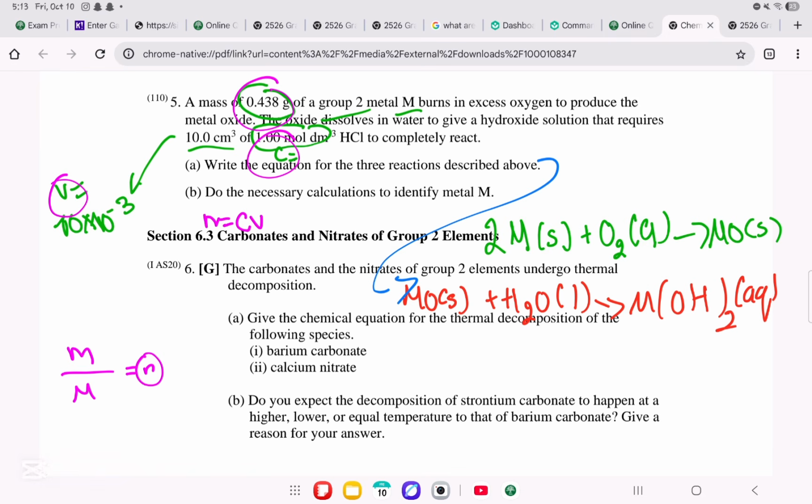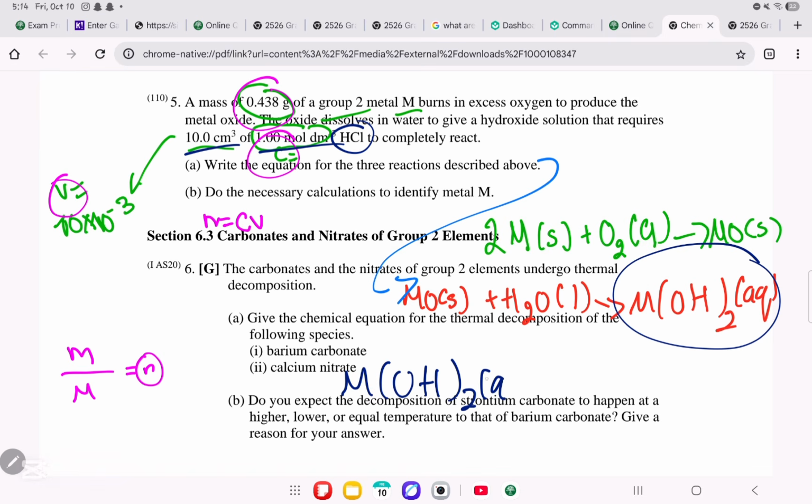Very simply. Oh, actually, I forgot an important part. It's 10 centimeter cubed of 1 mole per decimeter cubed HCl to completely react. That means we'll take the metal hydroxide M(OH)2 aqueous. It will react with hydrochloric acid to give us what?